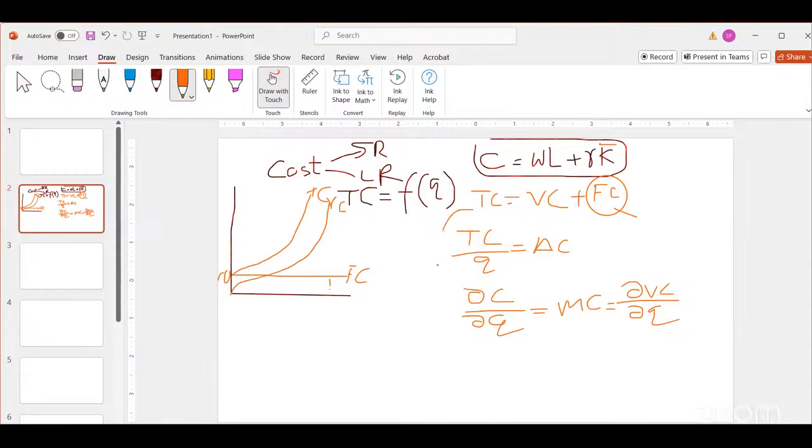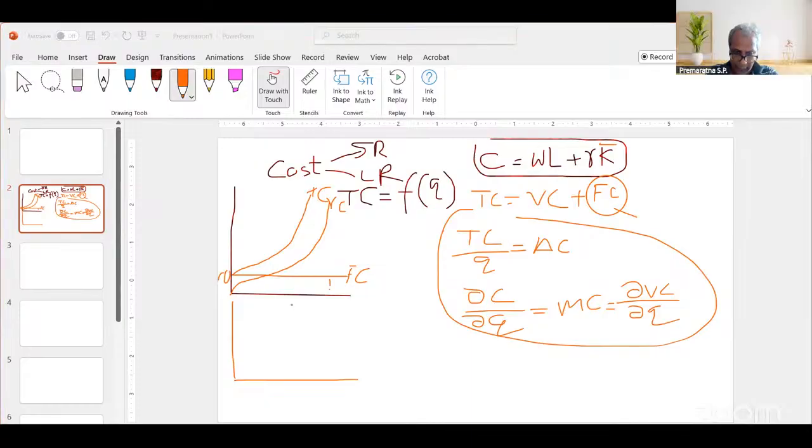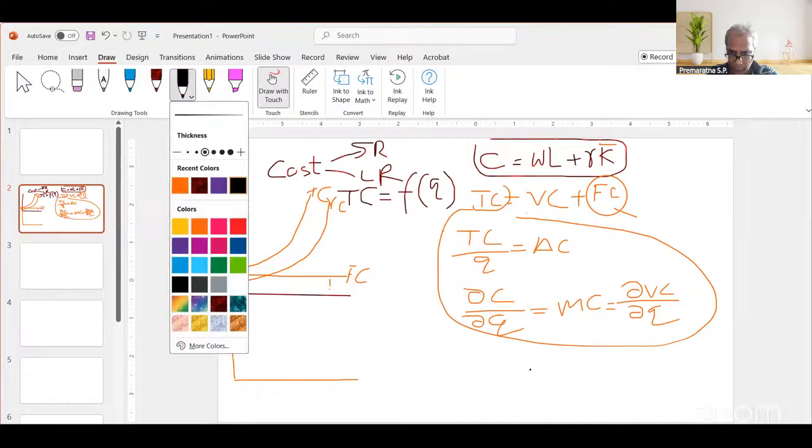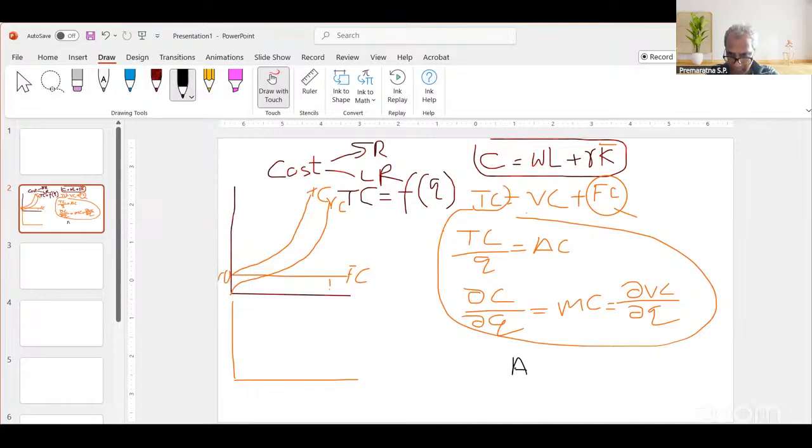Now with that, we can draw the average cost curves. Here there are basically three average cost curves. One is the average total cost: the total cost divided by Q gives the average total cost.